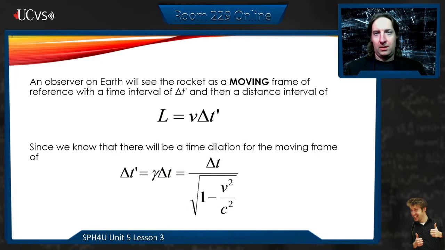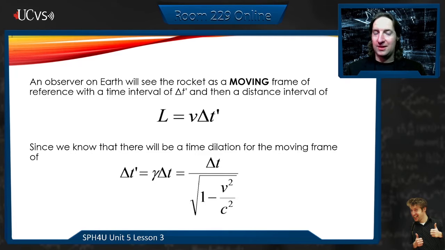Now, us on Earth, we will see the rocket moving away from us. It'll be a moving frame of reference, and that moving frame of reference will have its own slower time, using the notation from the last lesson, which we'll call delta t prime.